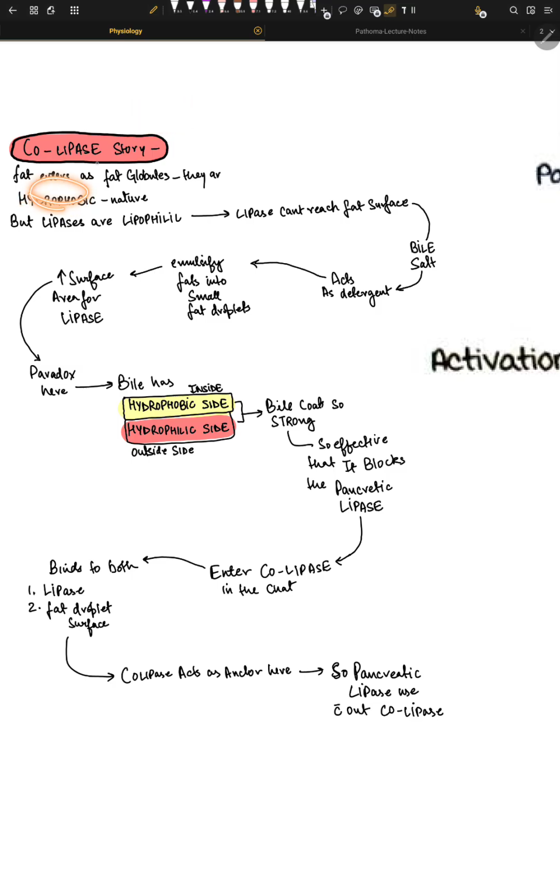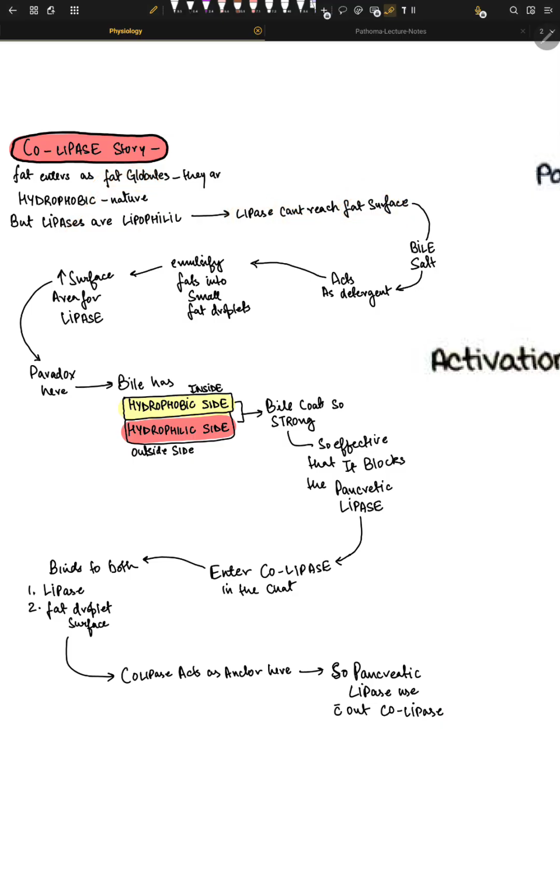Now, these hydrophobic fat globules, what should we do with them? We have lipases produced in the pancreas. These lipases are lipophilic, which means they're fat lovers. So lipases go and bind with these fat globules and love them. But lipase can't reach the fat surface.